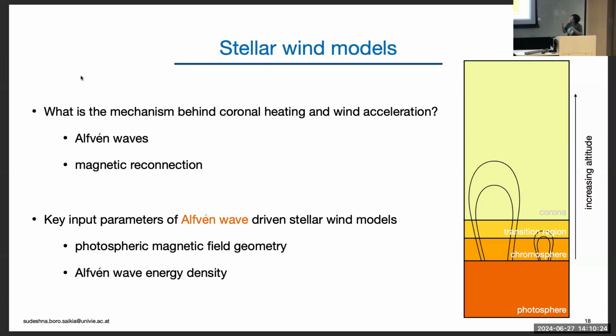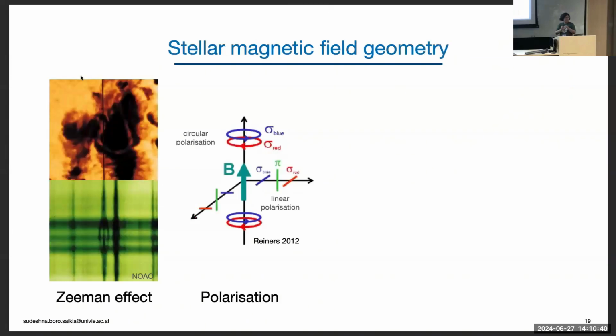But I also want to emphasize that from observations, we can also provide a good estimate of what kind of Alfvén wave energy densities are available in these objects. Let me first begin by talking a bit about the photospheric magnetic field. There is a parallel session on magnetic fields on the other side of this room, but I just want to briefly mention where we are when it comes to magnetic fields.